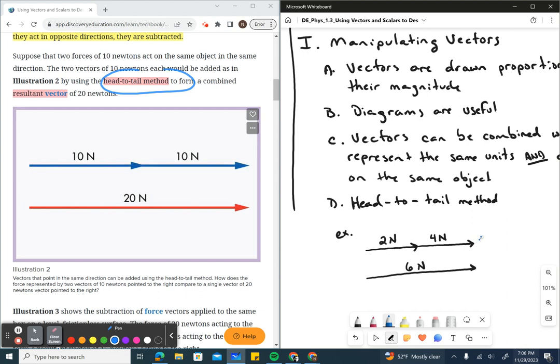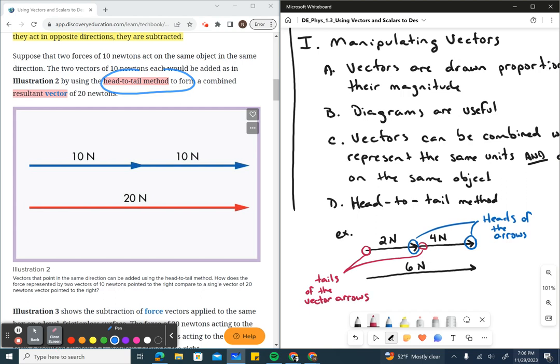In this case here, the heads are the arrows. These are the heads, the heads of the arrows, and the tails would be this portion right here. Okay, these are the tails of the vector arrows, right?